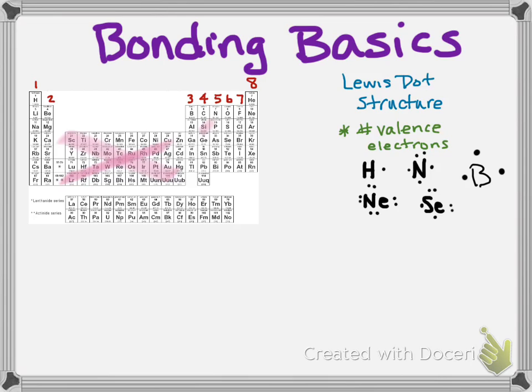So that's Lewis dot structure. On your midterm or on a test that you could take, you will have to recognize a picture of an element's Lewis dot structure. So if you had to do the picture of bromine, which has 7 valence electrons, you'd have to pick the picture that had 7 valence electrons.